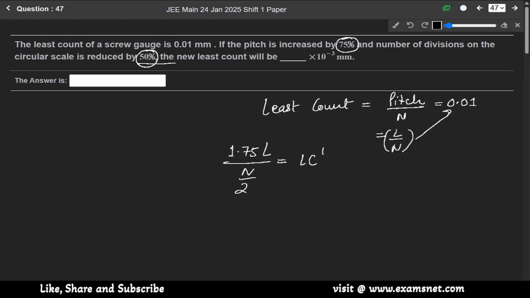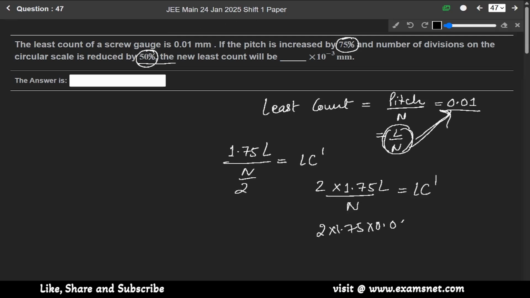This will be the new least count. So 1.75 into L into 2 over n will be equal to the new least count, and pitch over number of divisions is equal to 0.01. So 2 into 1.75 into 0.01 will be equal to the new least count.